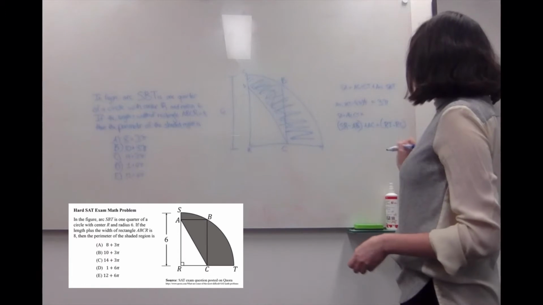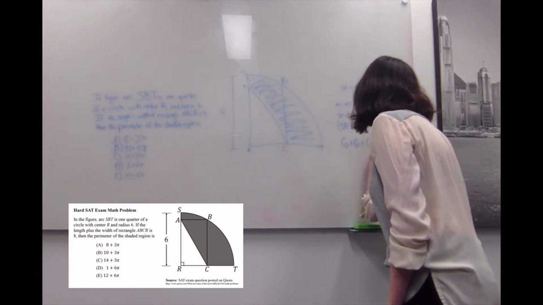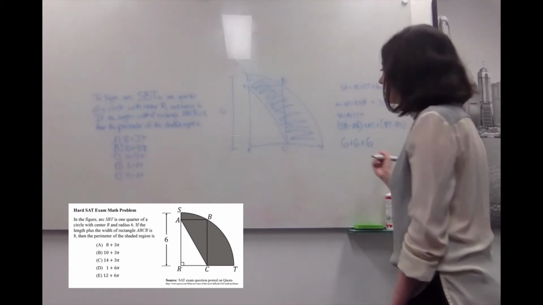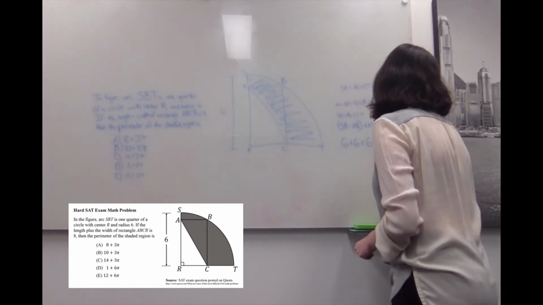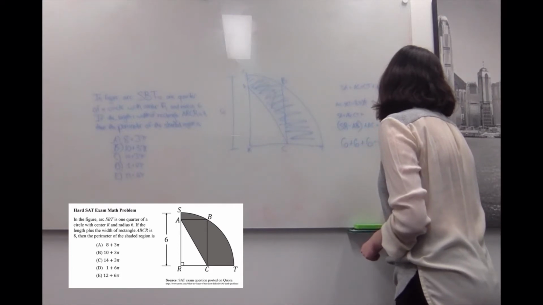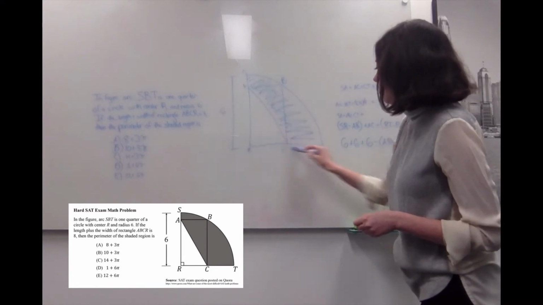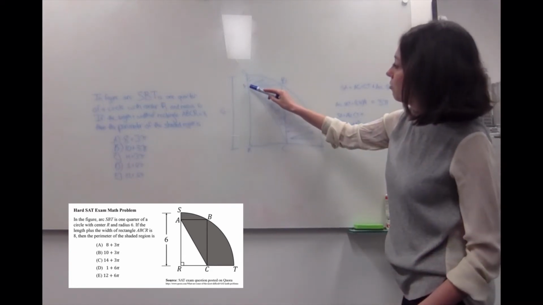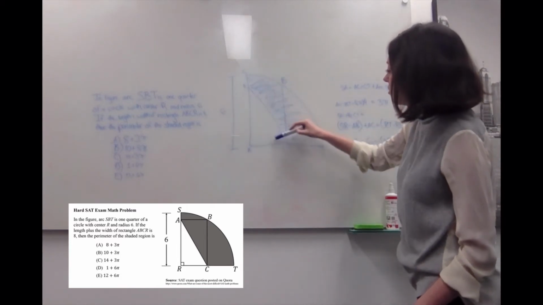So if you rewrite this, what you're left with is 6 plus 6 plus 6, minus the length of AR plus RC. So we know that this whole bit is basically 18. We just need to now figure out what the length of this is. Subtract that and we'll have the length of this bit.